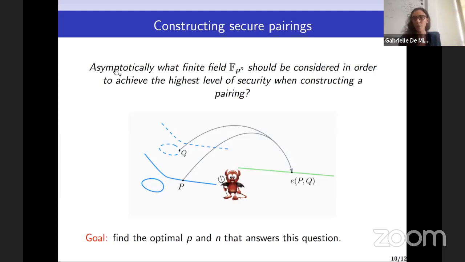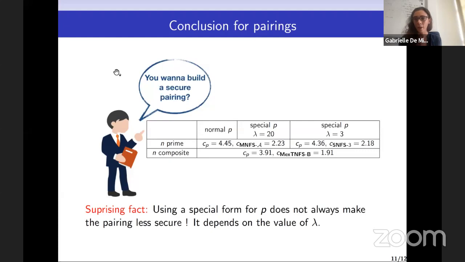We want the discrete logarithm problem to be as hard on the elliptic curve side and on the finite field side. And so once we've computed all the complexities in the plot in the few slides above, we were able to determine these intersection points. And for, again, whether you're choosing an N prime, an N composite, or a P of a special form, etc., we define which were the intersection points, so the characteristic and the L notation and the corresponding complexity for the optimal finite field.